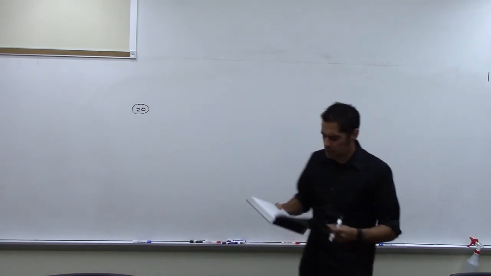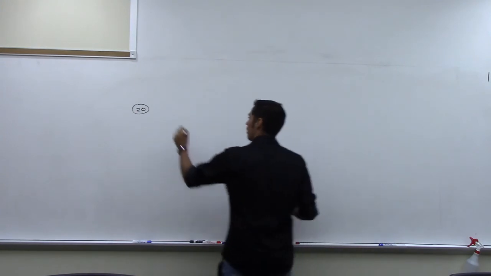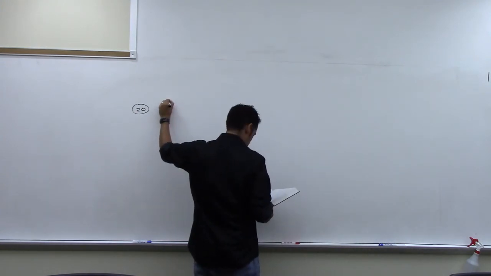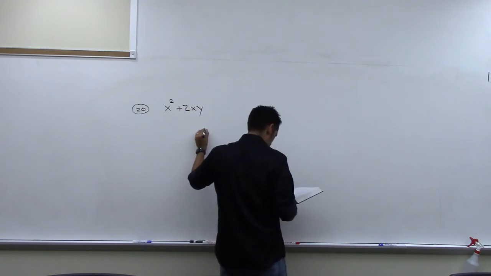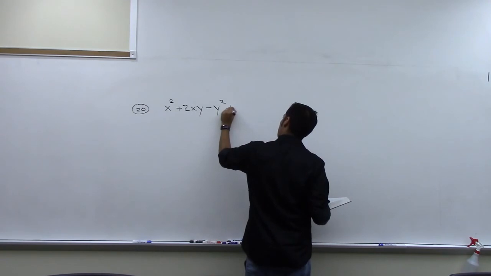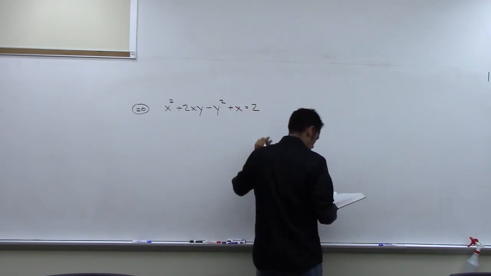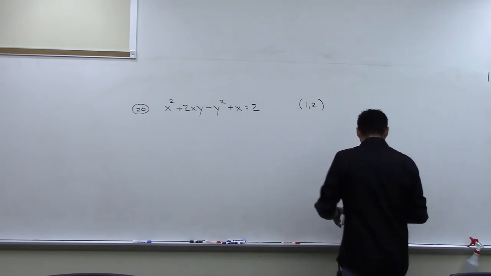Use implicit differentiation to find the equation of the tangent line. So finally, we're going to find the equation of the tangent line of this curve: x squared plus 2xy minus y squared plus x equals 2. And we're going to do this at the point 1, 2.